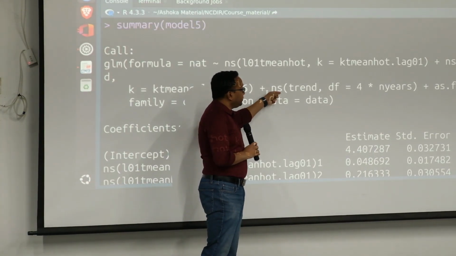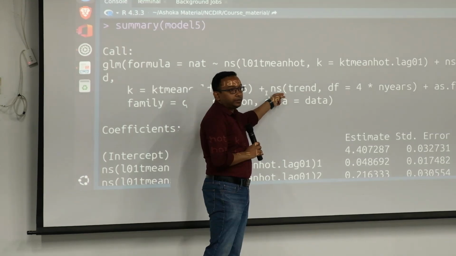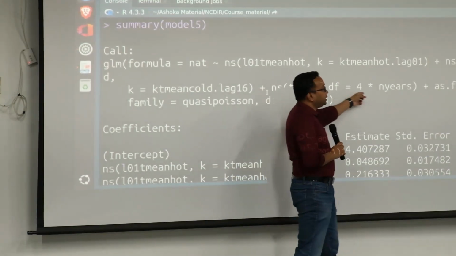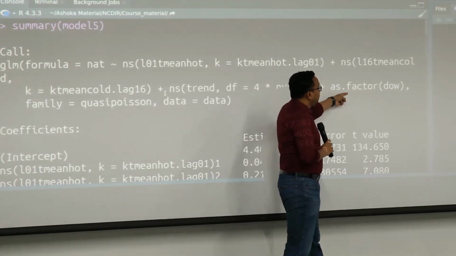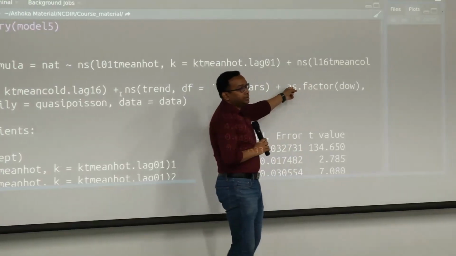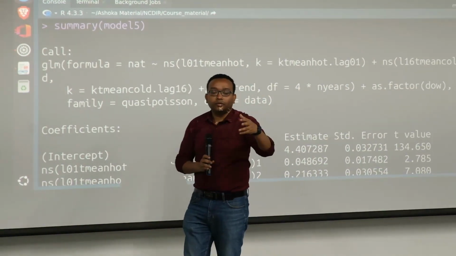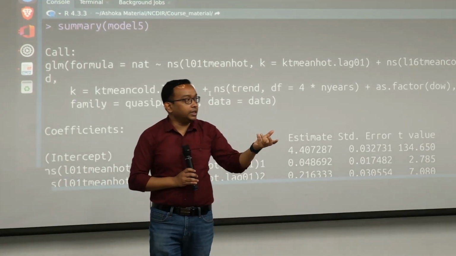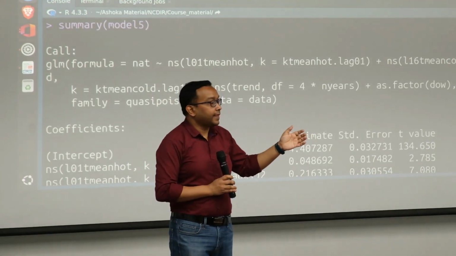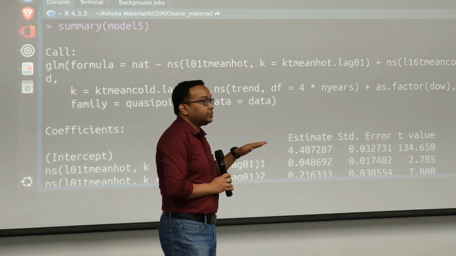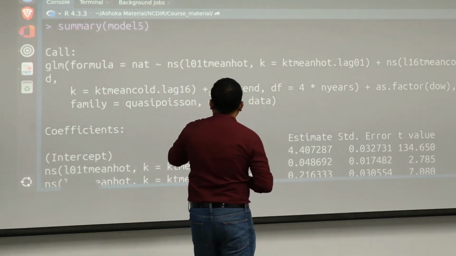This is the same long-term time trend with 4 degrees of freedom per year. And this is the day of the week. We are treating it as a factor. Factor means it's not a continuous variable, so the values 1 to 6 don't mean anything. It's a factor, whether it's Monday or Sunday or whatever. So that's the day of the week.